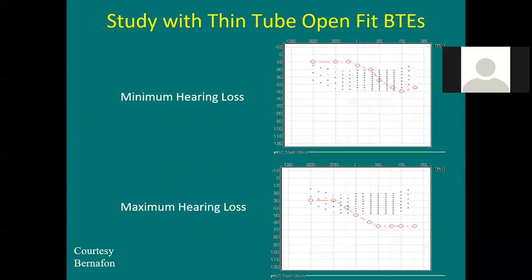Here goes. You had 2 groups of clients. One had minimal hearing loss on an average. One had more hearing loss on an average. And these little dots, all they are is showing you unaided speech in dB HL. And there's exactly 100 dots there.